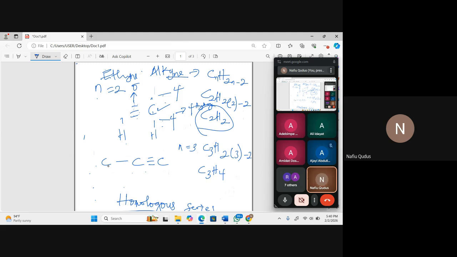This carbon, how many bonds do we have surrounding it? 1. And the bonds that must surround the carbon must be 4. So we need 3 more bonds, hydrogens, to surround this carbon: 1, 2, 3. Now the second carbon.